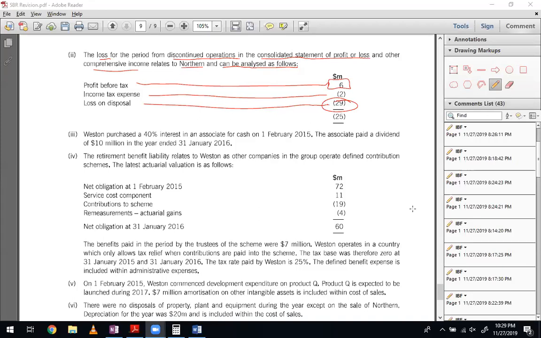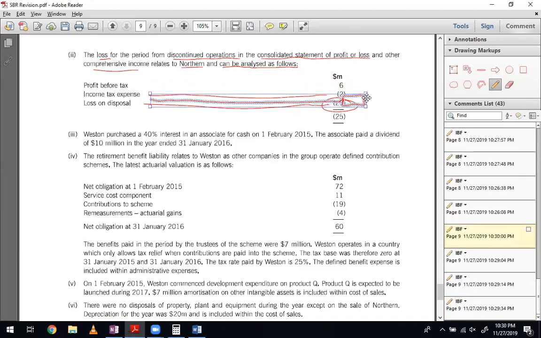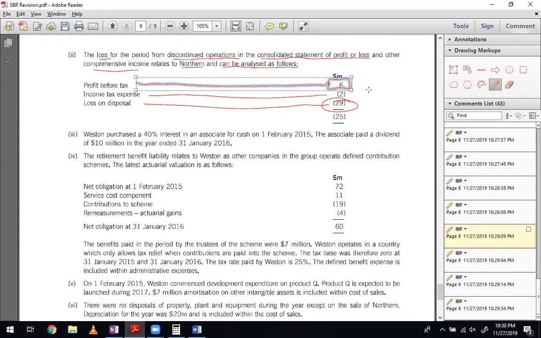Basically, this loss is not included in the profit of 6. So when anything is not included in the profit, why should we remove that? Getting this point? This 29 is not deducted from the 6 that we have added. So its impact is not there in the PBT. Then we should not be adding this back.